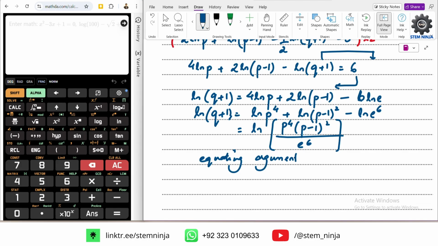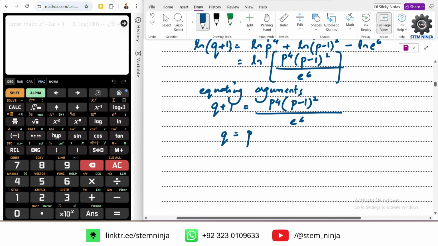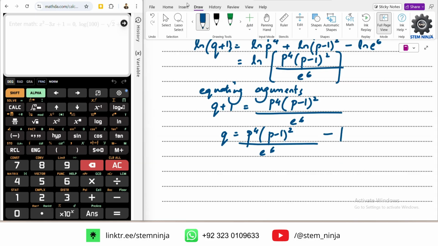Equating arguments, you get q plus 1 equals p to the power 4 times (p minus 1) squared over e to the power 6, and therefore q is going to be p to the power 4 times (p minus 1) squared over e to the power 6, minus 1. And that's it.